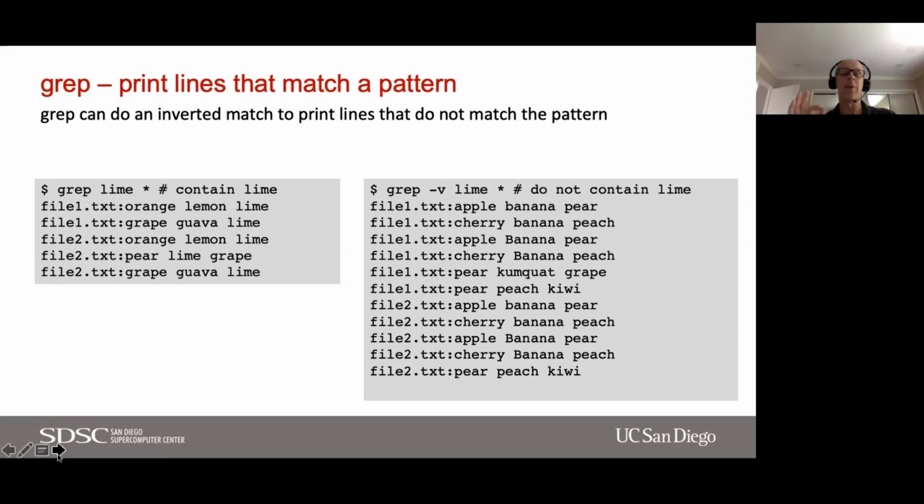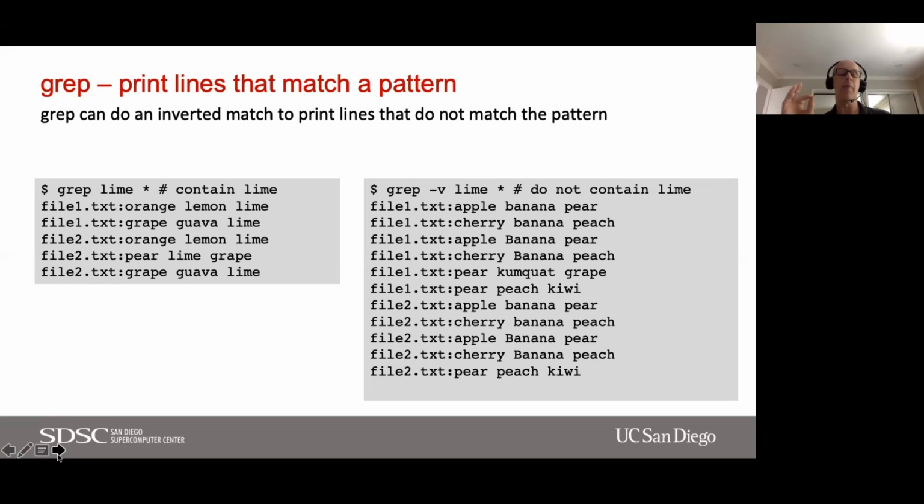Another cool feature of grep is that you can do what we call an inverted match, and that is to print lines that do not match a pattern. So going back to our fruit examples, I have a couple of files in this grep directory, file1 and file2. Each of them have lists of fruits.